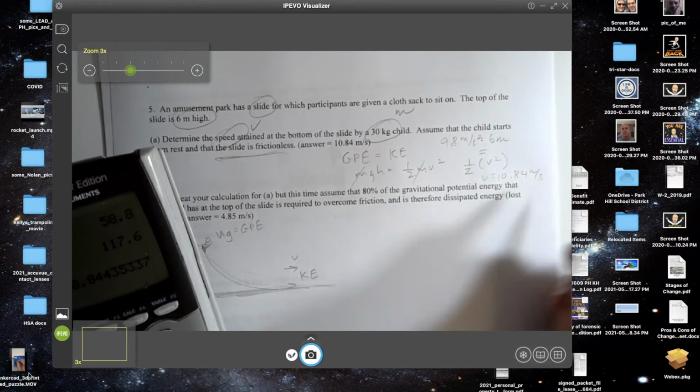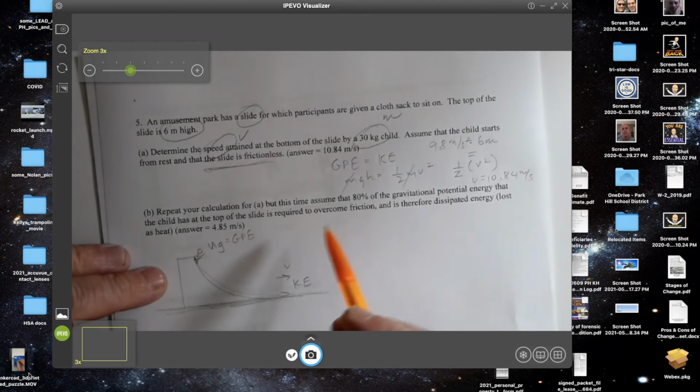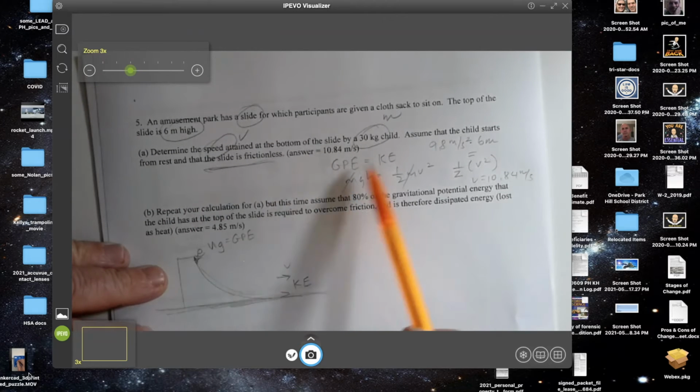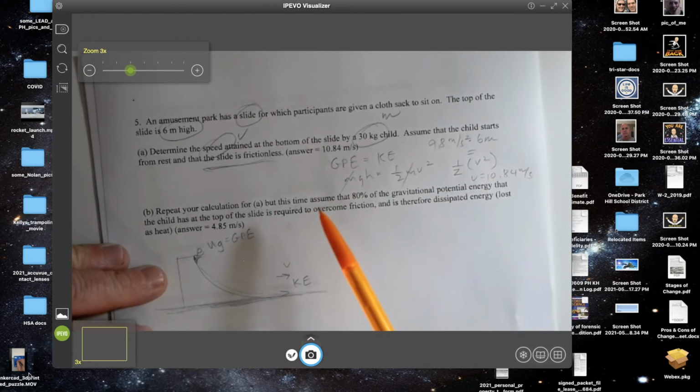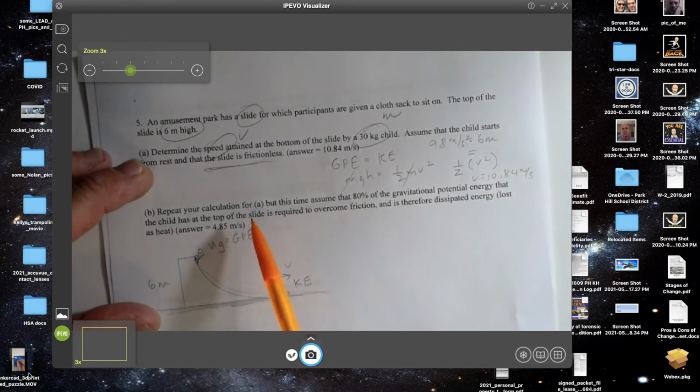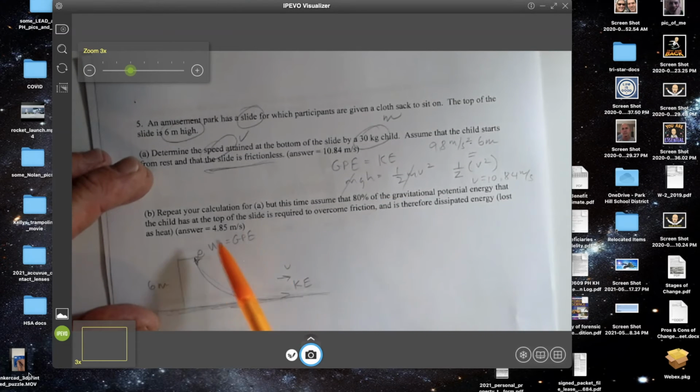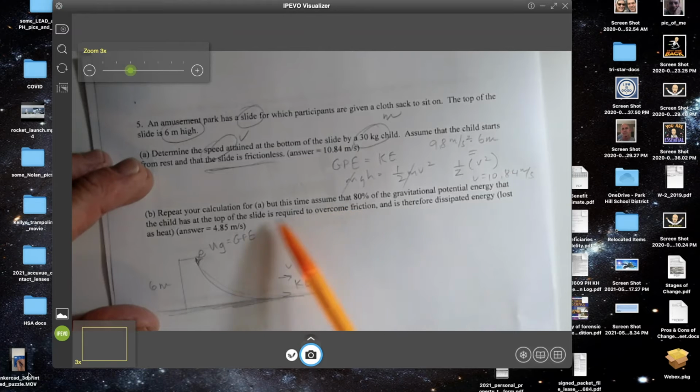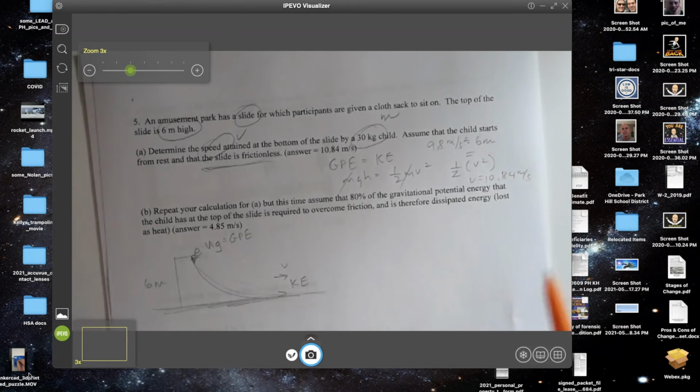Now, a more realistic problem would be to repeat these calculations, but assume that some of the energy is lost. Some of the GPE is lost to friction. It's therefore dissipative energy.